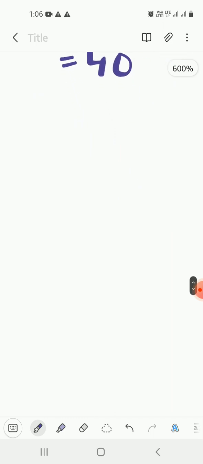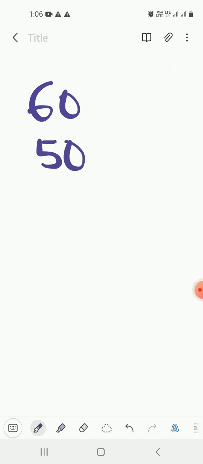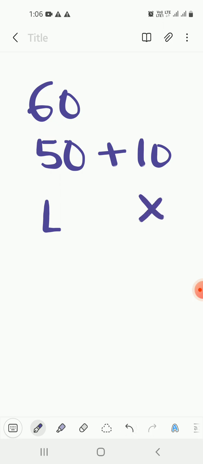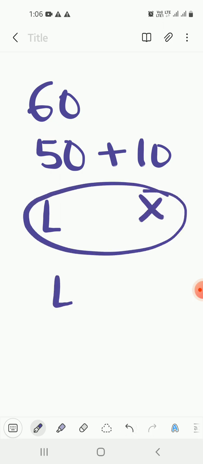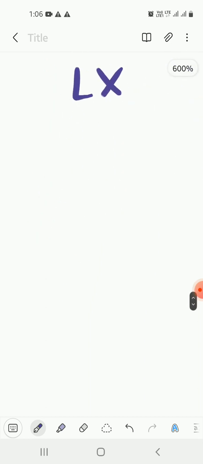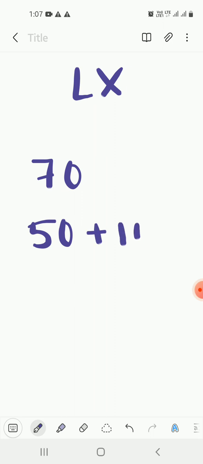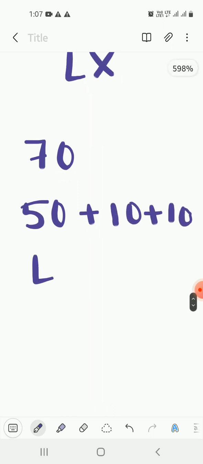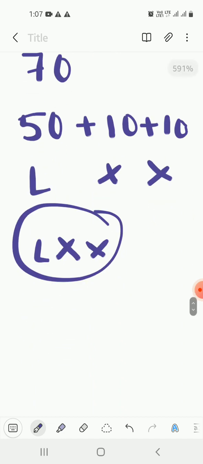50 is very easy, as I told you already, it is L, simple. For 60, it means 50 plus 10. I already know 50 is L, and 10 is X. So together this is L X. So this is 60. For 70, it means 50 plus 10 plus 10. So it is L, X and X. So L X X is 70.